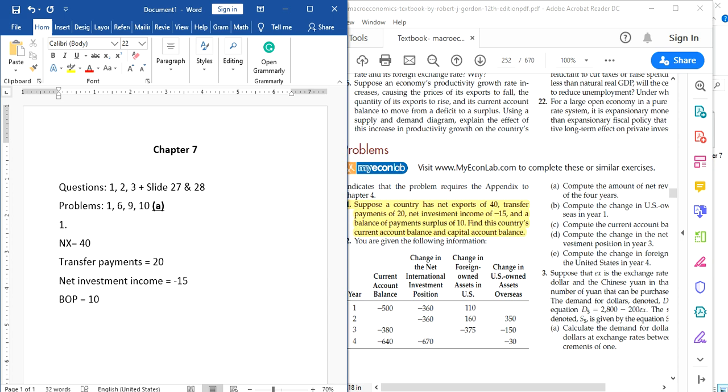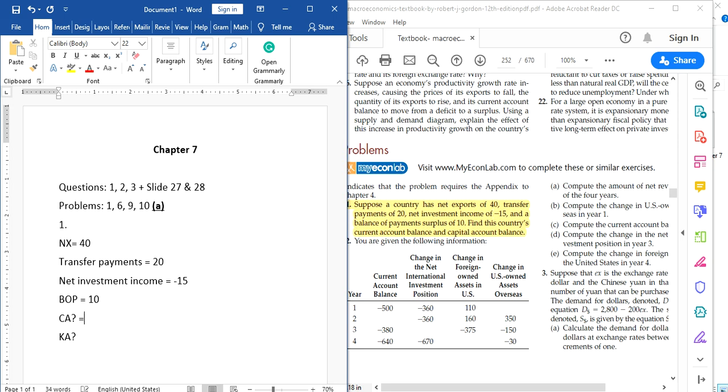Find the country's current account. Current account and capital account. Sorry for that.